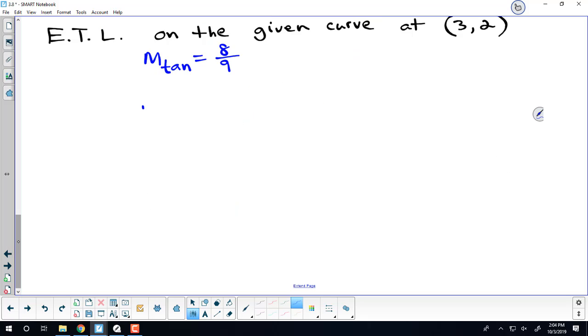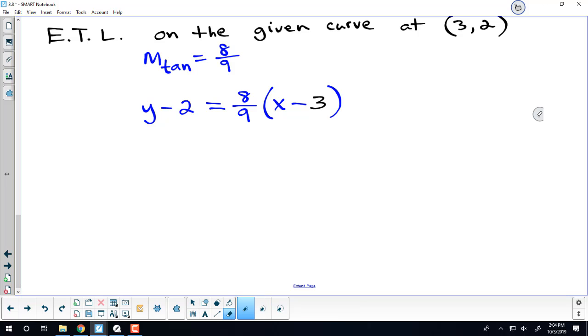We just have the fact that y minus 2 equals 8/9 times x minus 3. We have 8/9 x, and then 24 ninths plus 2.